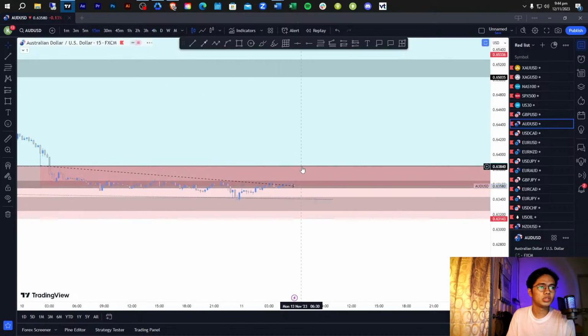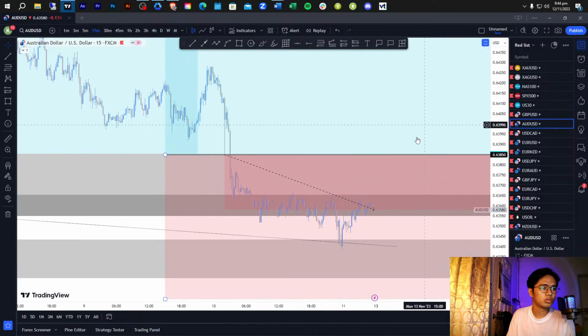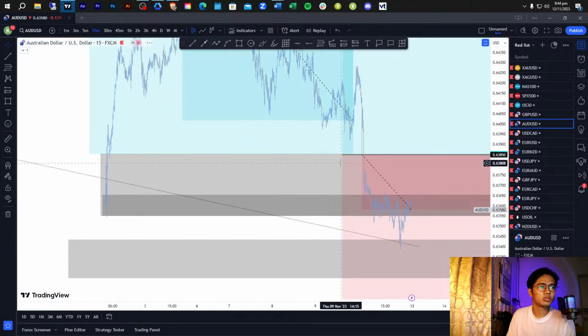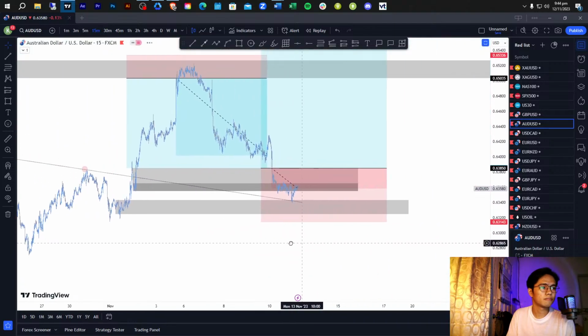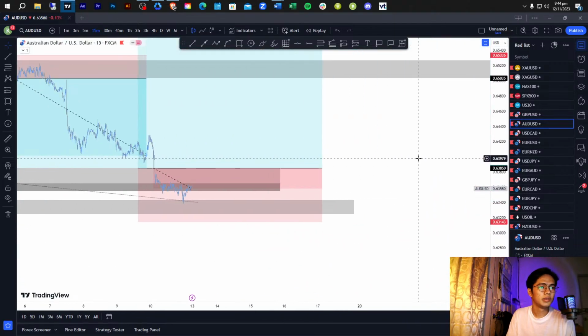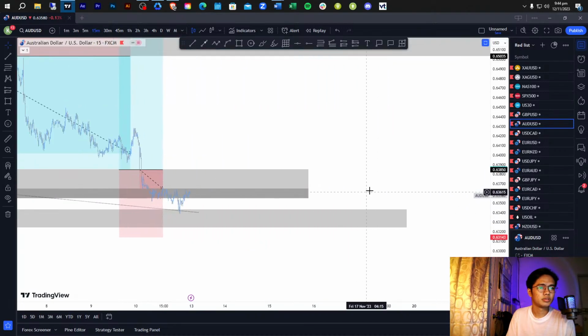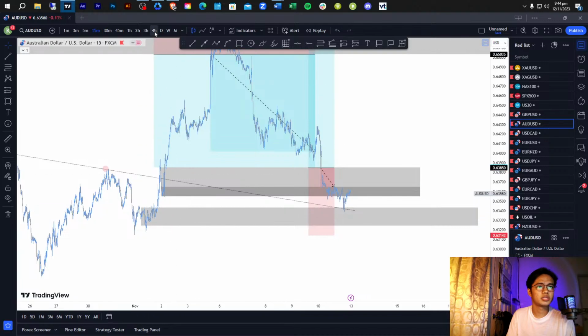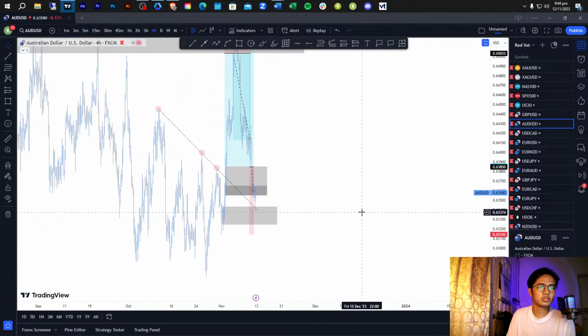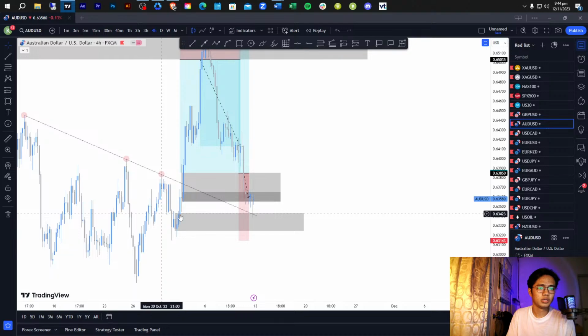So this would be good for reversals, a good confirmation of entry right here, especially since the price just mitigated our demand zone on the higher time frame on a major level.